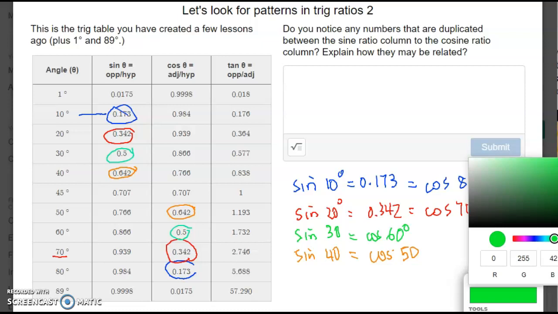What do you notice about the angles? 30 and 60, 40 and 50, they're complementary angles, aren't they? So the sine of an angle and the cosine of its complementary angle are always the same.